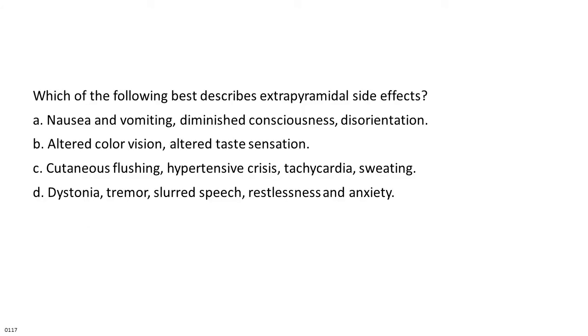Which of the following best describes extrapyramidal side effects? A. Nausea and vomiting, diminished consciousness, disorientation. B. Altered color vision, altered taste sensation. C. Cutaneous flushing, hypertensive crisis, tachycardia, sweating. D. Dystonia, tremor, slurred speech, restlessness and anxiety.